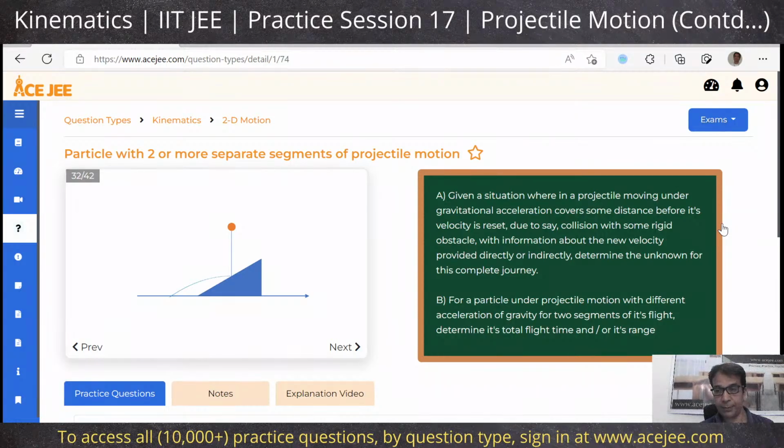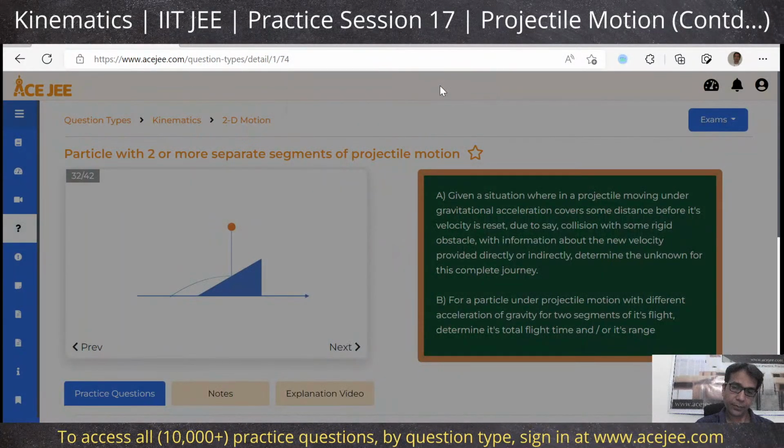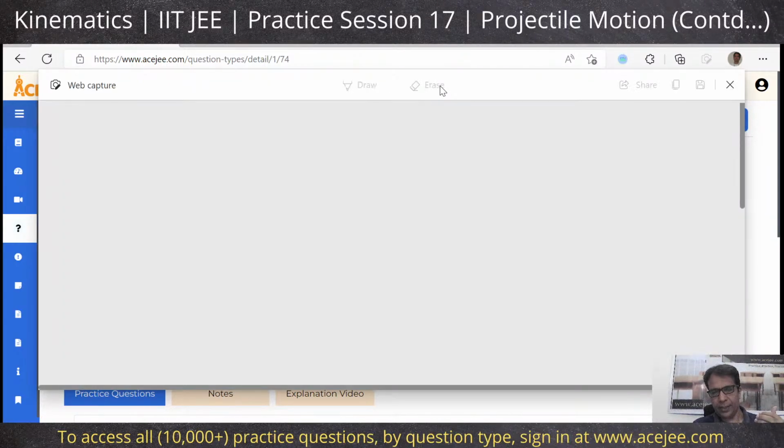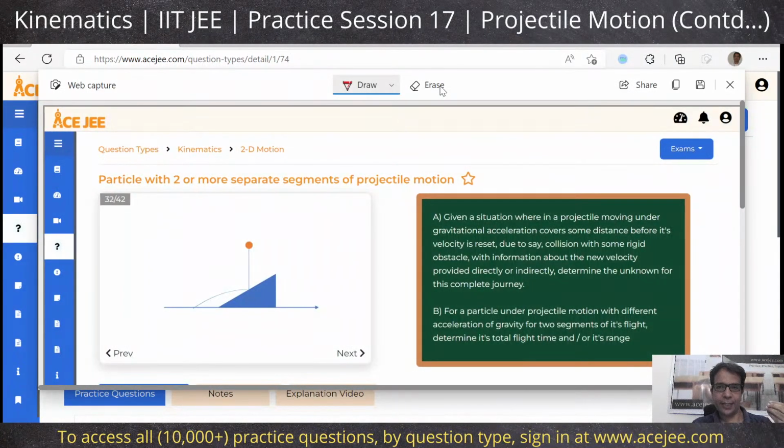What is the other thing? At that point where we have an abrupt change in the direction or the velocity of the particle, like for example here in this scenario, once again we will write the equation of motion for this segment separately, and we'll write for this separately.